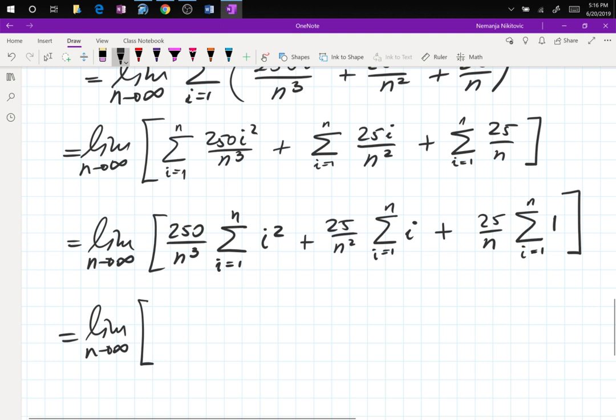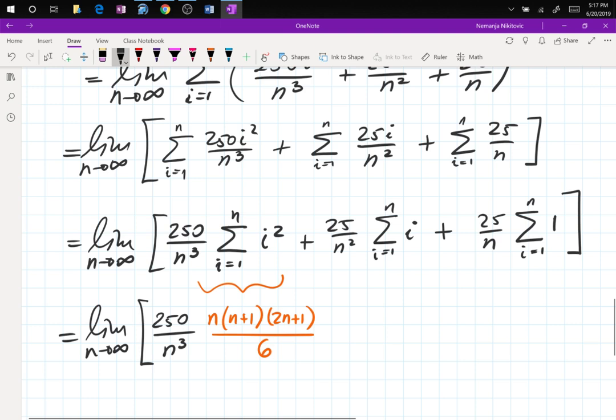So now we are replacing all of these sums with their equivalent formula. And then this becomes a basic chapter 2 limit. We are done in the next 2 steps. So this entire thing over here of i squared becomes n times n plus 1 times 2n plus 1 over 6.